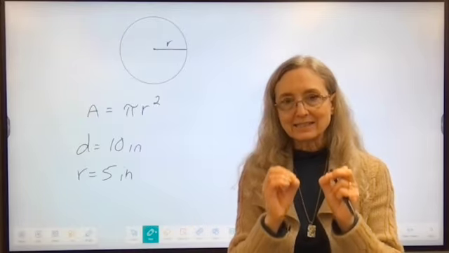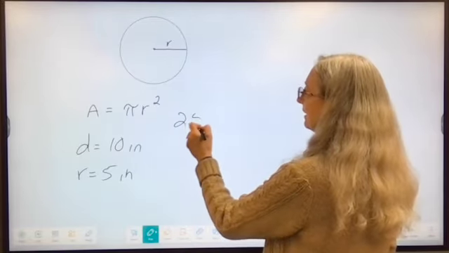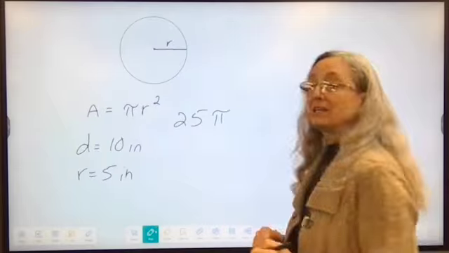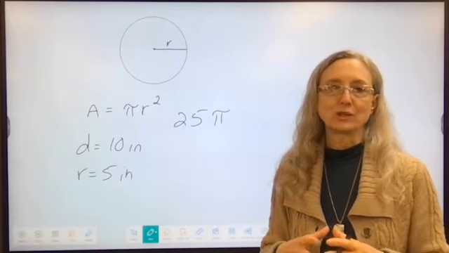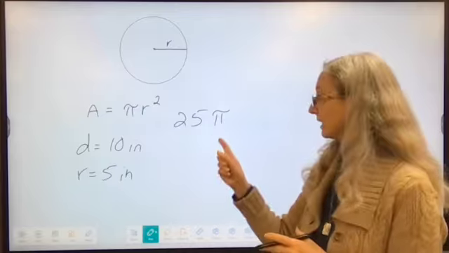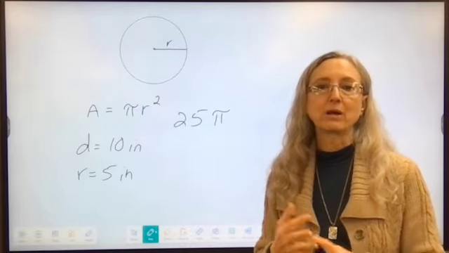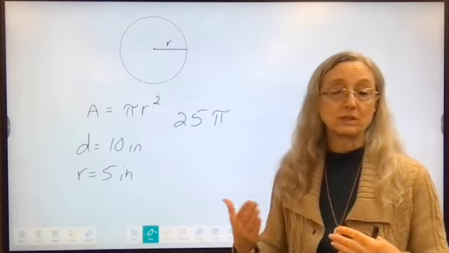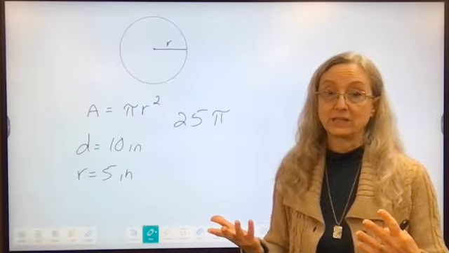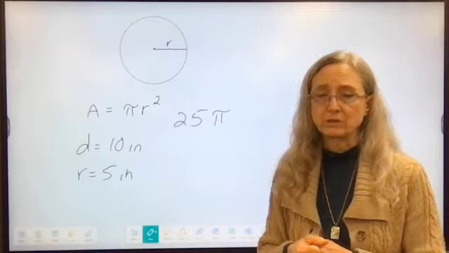The exact answer for the area of the circle would be 25 pi, because pi is irrational. So you can only approximate if you try to get a number other than that. That's the most precise answer. Look carefully at the problem. Does it ask for the most exact answer or the answer rounded to the nearest whatever place? Use your pi button on the calculator. Don't use 3.14.